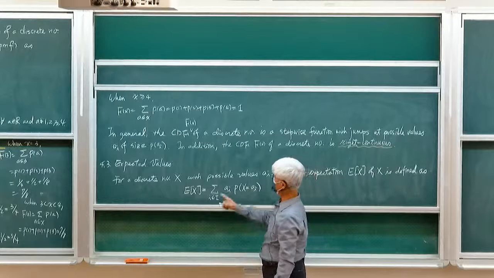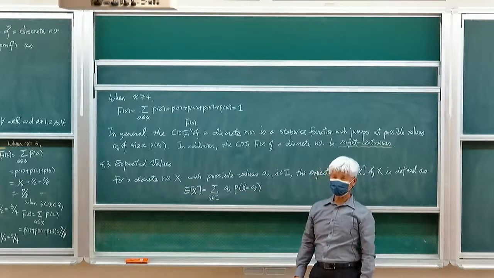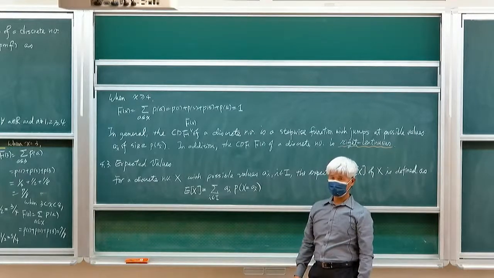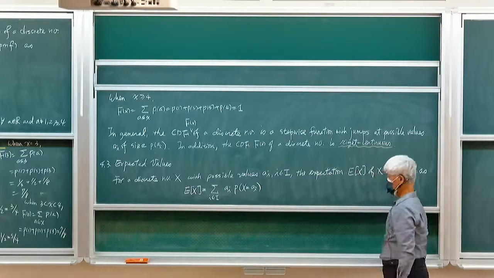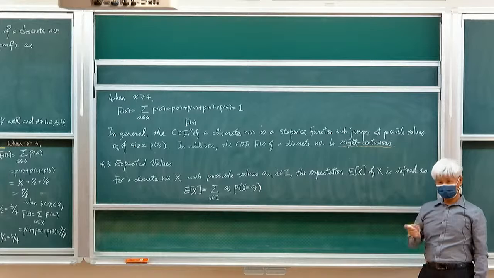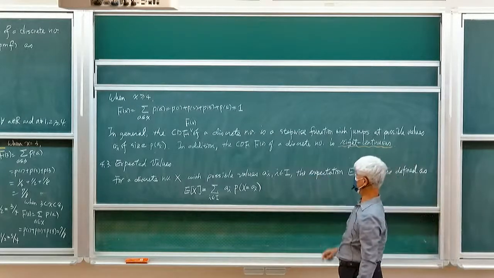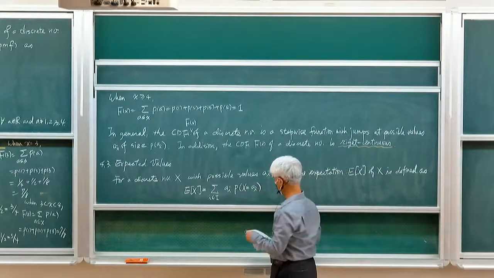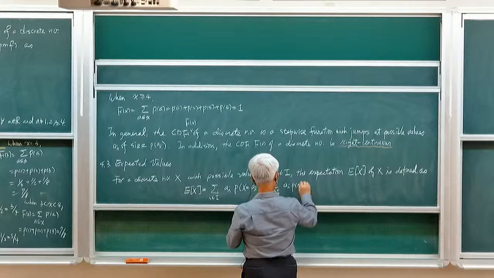So it's simple to define the expectation or expected value of a discrete random variable. If we want to define the expectation of a general random variable, that will take some effort. But for discrete random variables, it is straightforward, just like this. In terms of the PMF, we just have p of a_i.